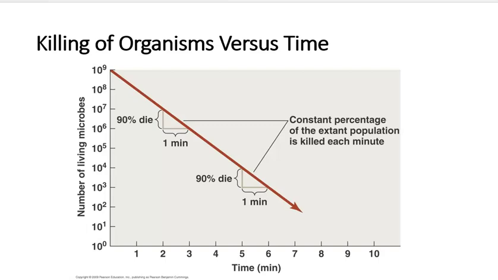A lot of it is printed on the stuff, not necessarily saying killing time, but what you want to look at is the percentage of the population that is killed each minute. That determines how long you have to put this particular killing agent on the surface or on the body.